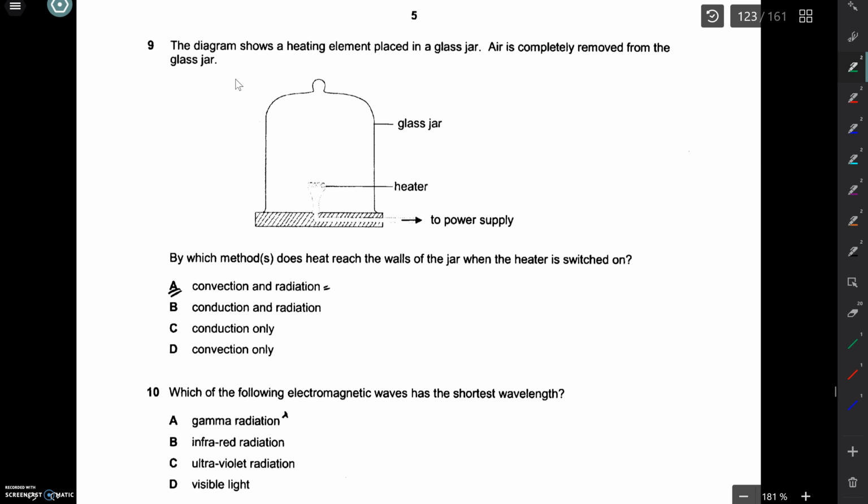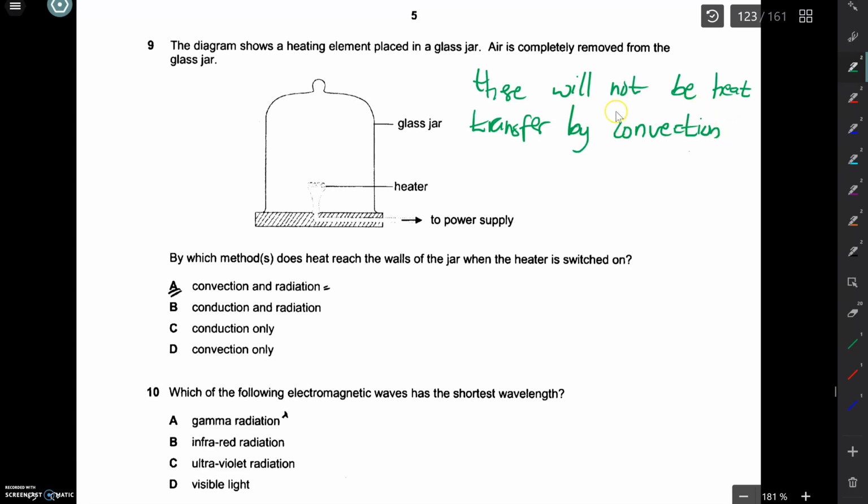This means that there will not be heat transfer by convection, right? Because convection is a type of heat transfer that occurs in fluids, and fluids are liquids and gases, right?